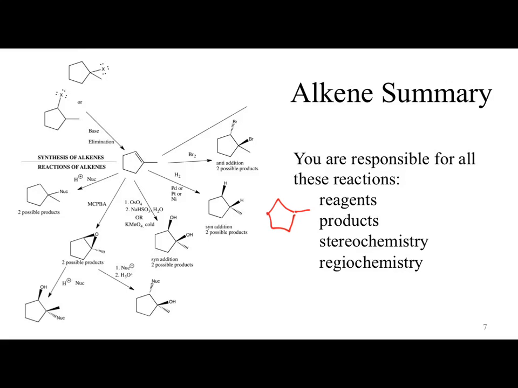I'm trying to indicate as best as possible with a single structure what occurred in the reaction. Okay? The hydrogens were added on the same side. I can see that they were added on the same side. If we draw out what the actual product is, I can't see that. So the goal of these kind of flowcharts or spider diagrams is to keep all that information in there in as condensed a format as possible.